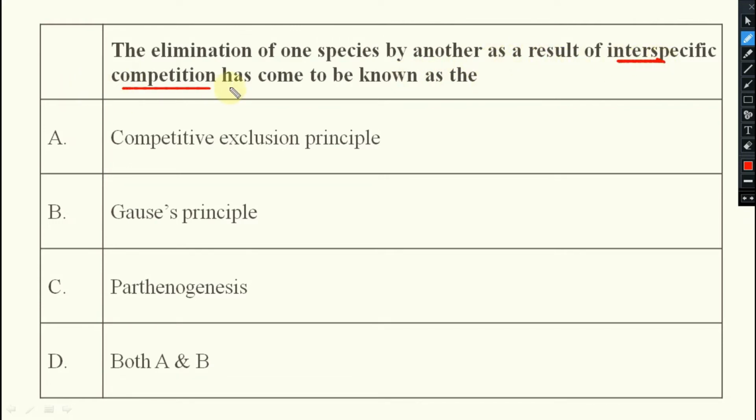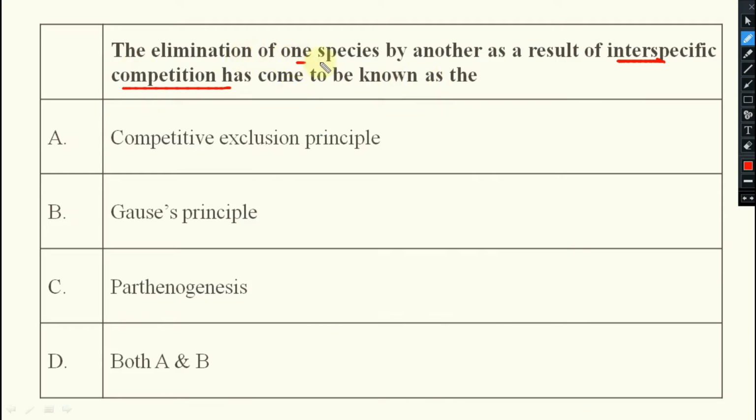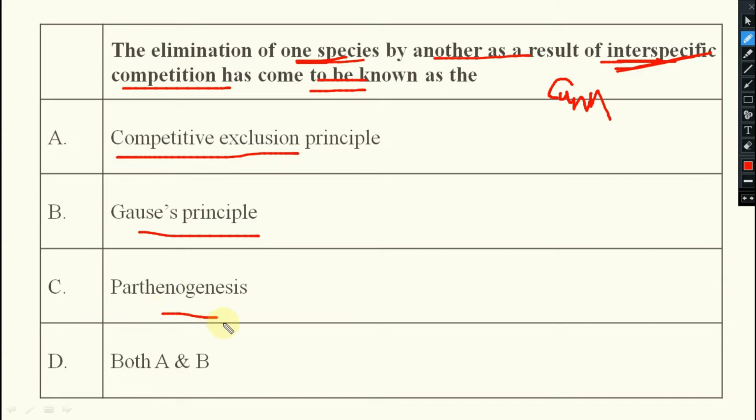Next one: the elimination of one species by another species as a result of interspecific competition is known as what? You see, the elimination of one individual by another individual is intraspecific, and that is known as cannibalism. But here it is telling us about the elimination of one species by another species as a result of interspecific competition. That will be known as what? Whether competitive exclusion principle, Gause's principle, parthenogenesis, or both A and B. The right answer will be both A and B, yes or no?